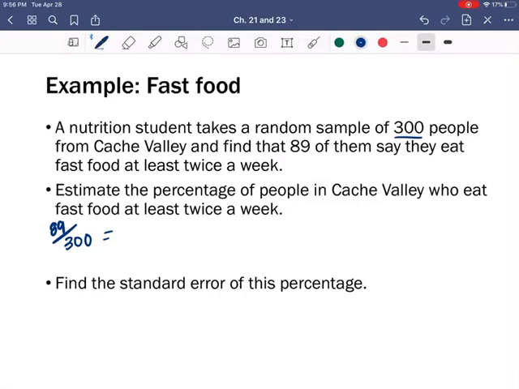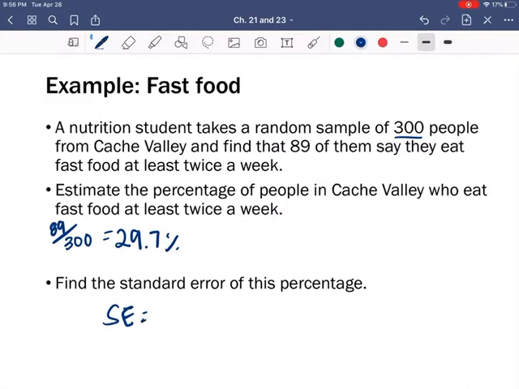We can take this sample percent, and that becomes our expected value. So let's do 89 divided by 300 times 100%. We get 29.7%. Okay, the standard error. The expected value is just the percent you get, unless you're told a number otherwise.